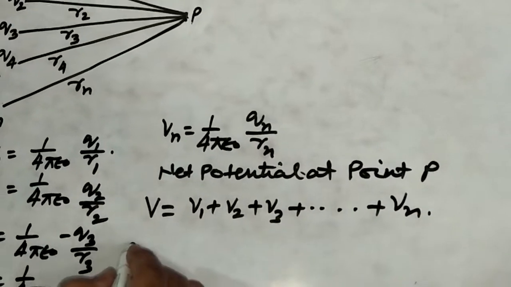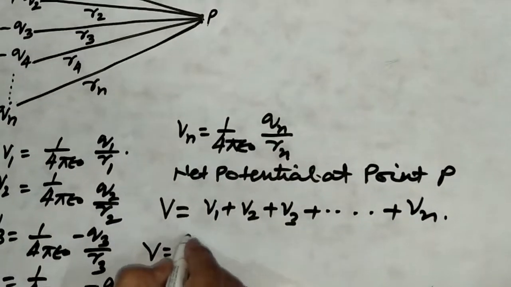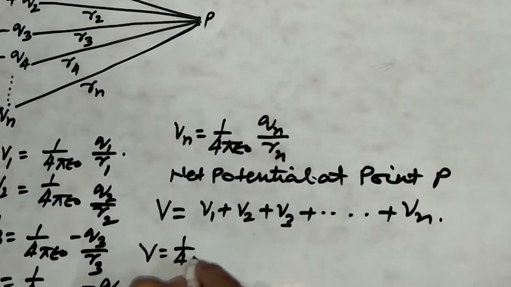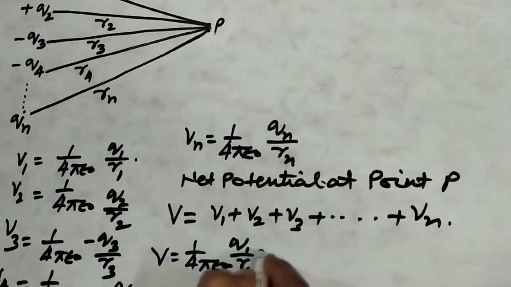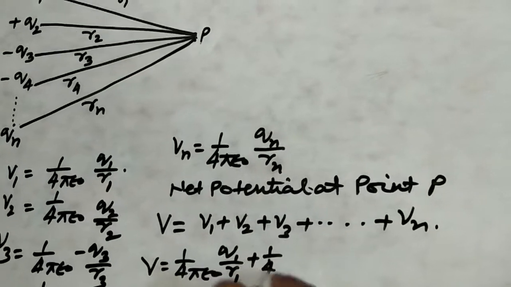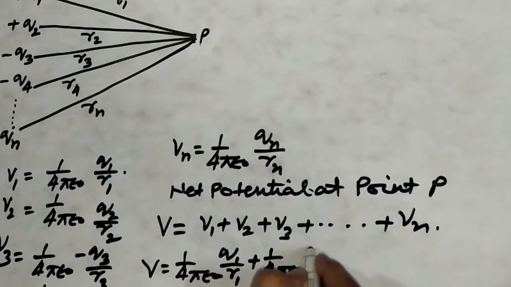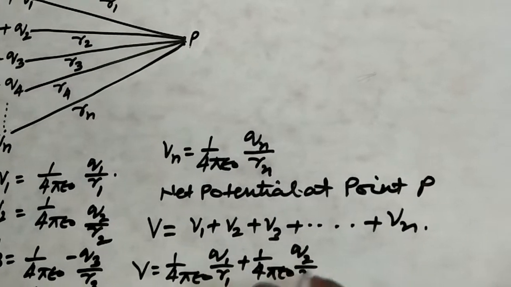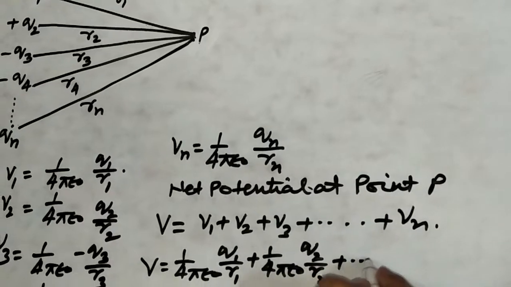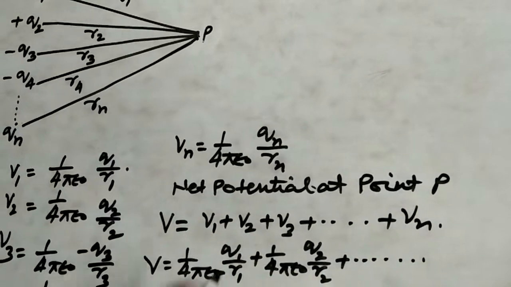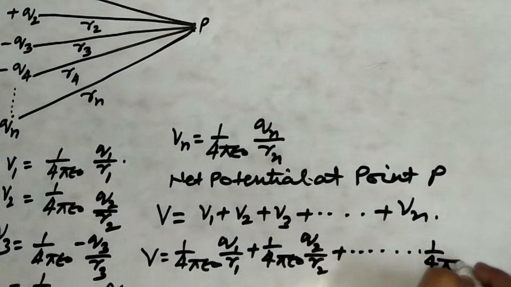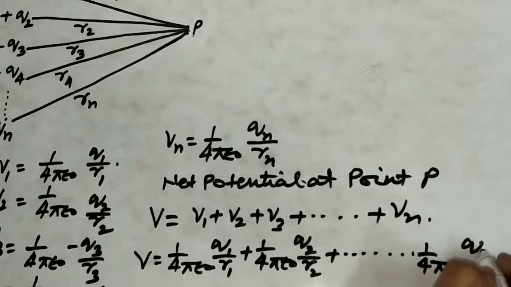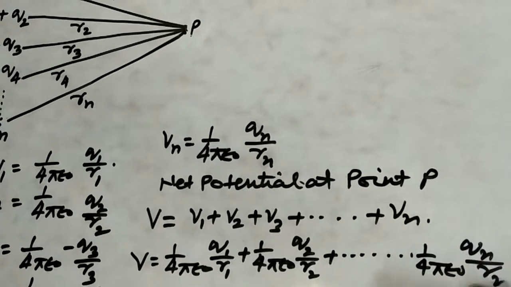And in this way we can say V is equal to 1 upon 4 pi epsilon naught Q1 by R1 plus 1 upon 4 pi epsilon naught Q2 by R2 plus, in this way we will add all these, and plus 1 upon 4 pi epsilon naught Qn upon Rn.